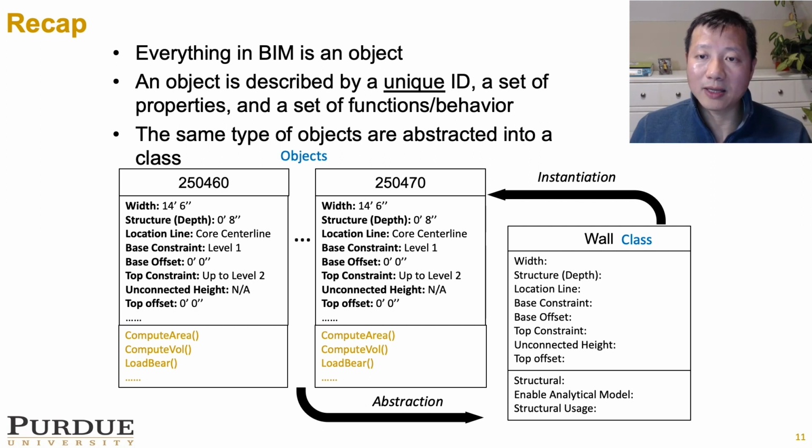Their common list of attributes and behaviors got extracted and put into a class, right? Into a class. This is a process called abstraction. And then you can take the class and create as many objects as you want to. And this process is called instantiation. So by taking objects, class, instantiation, and abstraction together, they form a complete cycle or a loop.